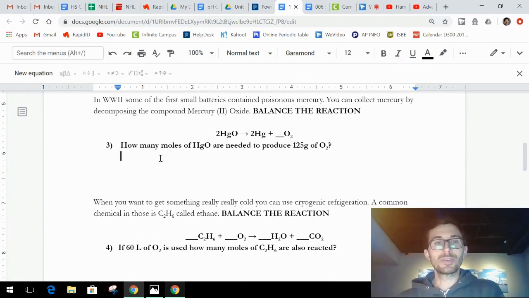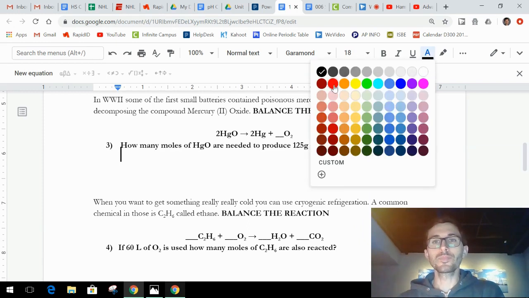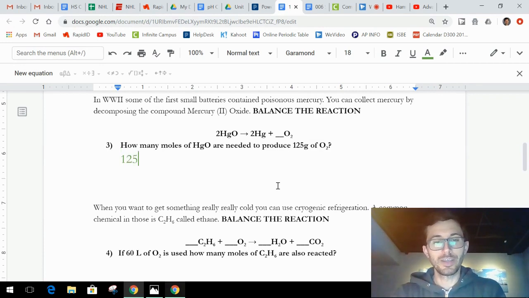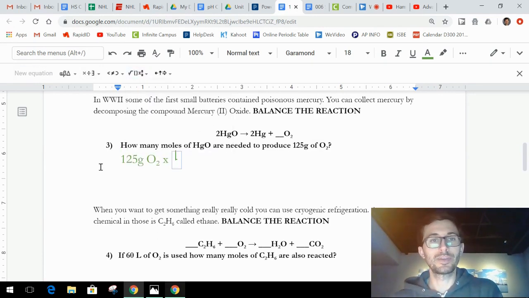So what I'm going to do is set up a conversion. I'm going to start with my given, 125 grams of O2. I have grams at the start, okay?